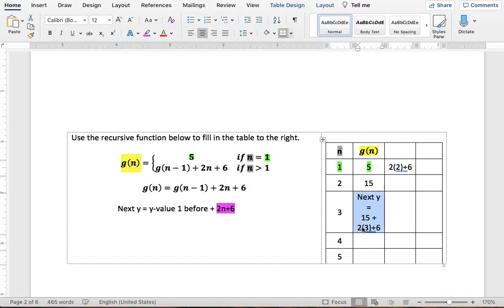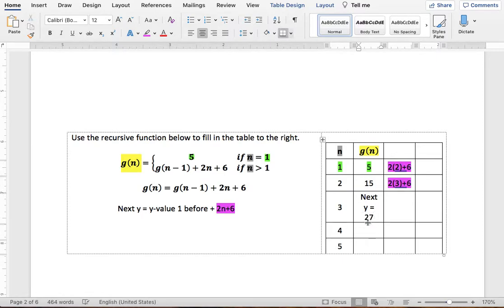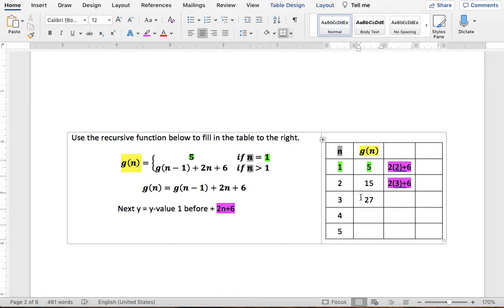And once again, this is this column. This is our little red column right here, because 15 plus this will equal this one. Okay. 2 times 3 is 6, plus 6 is 12. 15 plus 12 is 27. So our next y value is 27. Okay.